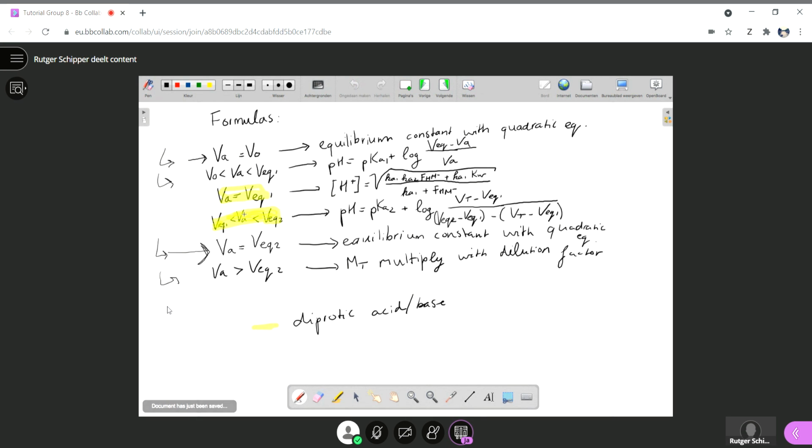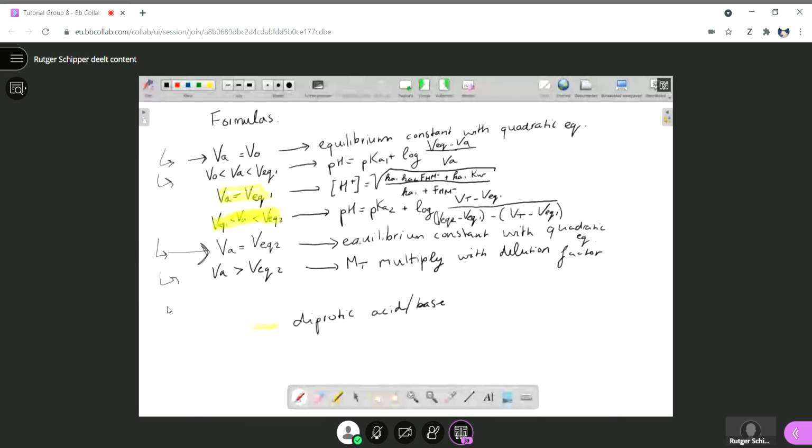And then it's basically the same. So in between the two equivalence points, you have the Henderson-Hasselbalch equation again, but you correct the volume that you added to the system, which had been reacted already. And then we have the moment when we reach the last equivalence point. So in case of a monoprotic acid, so when it can only donate one proton, this is the formula that you use.